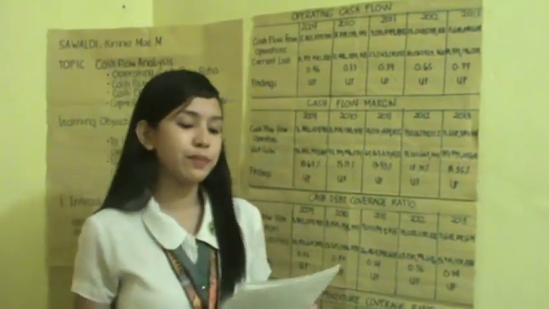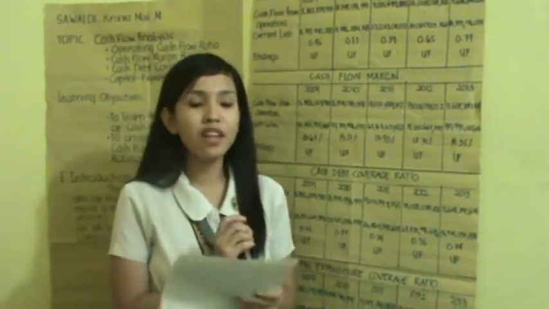The formula for this one is the cash flow from operating activities over the capital expenditures. As a rule, for the capex coverage ratio, if it results to more than 1, it is usually a positive sign for the company.